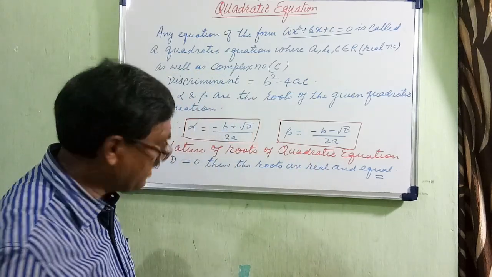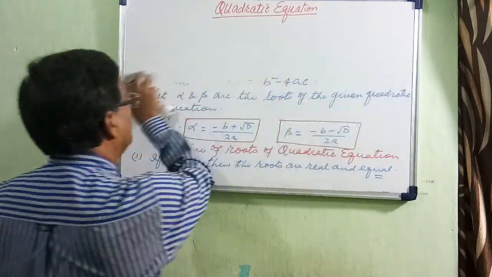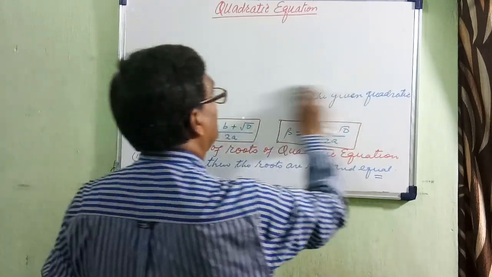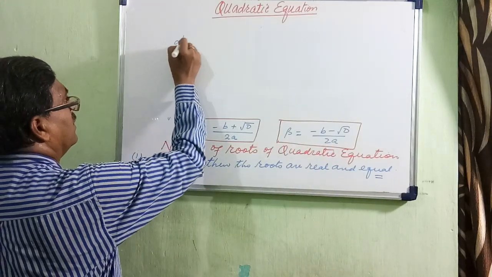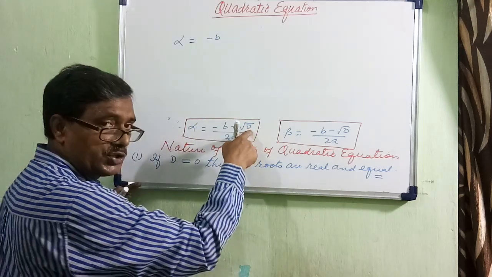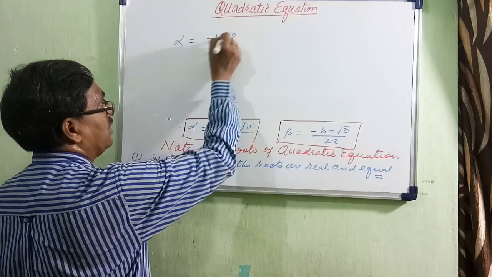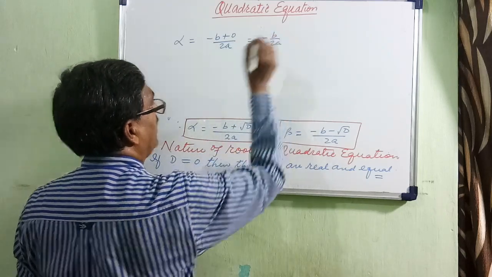So I will discuss it here. Let us say alpha is equal to how much? Minus b, D is your 0, so plus 0 divided by 2a is equal to minus b by 2a.